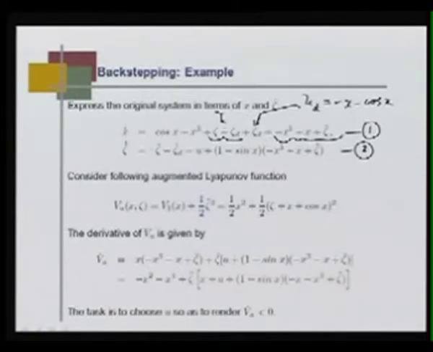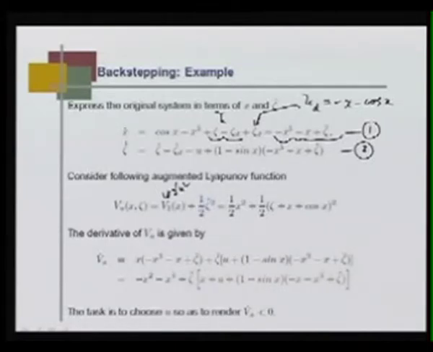We first showed that x dot is stable provided xi tilde is bounded, or it is 0, or xi is following xi d. Now we have to find the overall stability. To do that, we take the Lyapunov function, augmenting the previous Lyapunov function V1(x), which is half x square, with half xi tilde square.